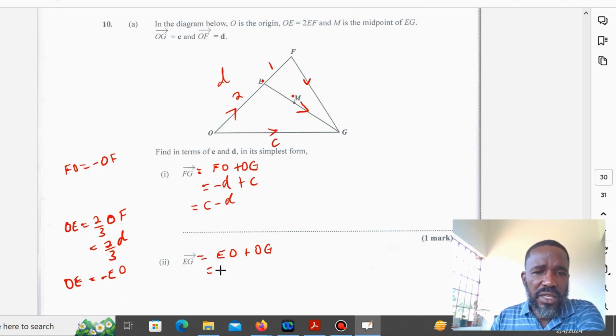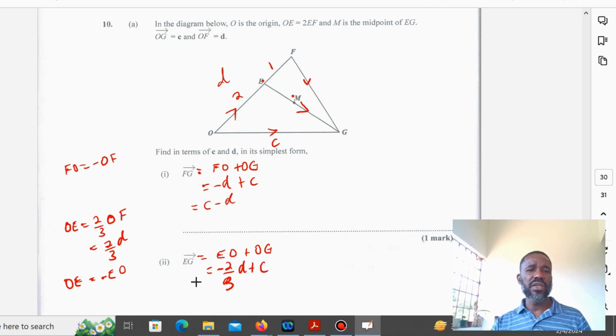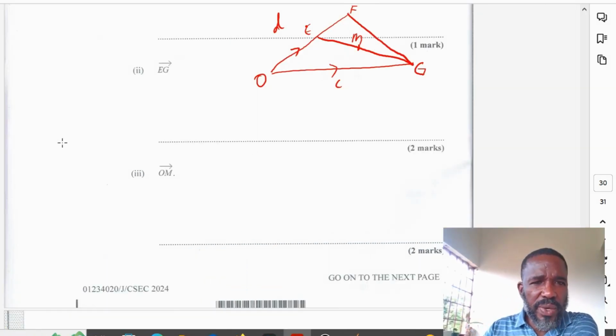So basically, this is negative 2/3 D plus C. And this is what E to G would be equal to. So E to G would be equal to negative 2/3 D plus C. And that's how we would have gone ahead with the vector question.